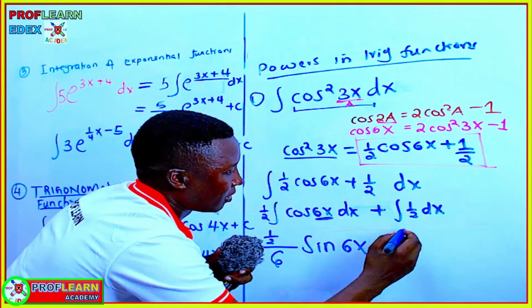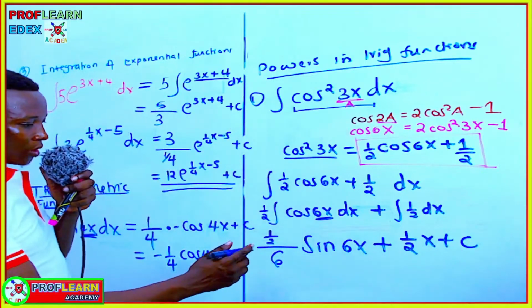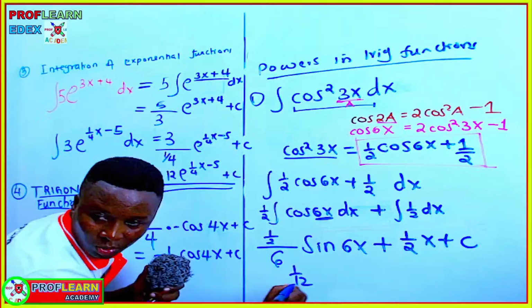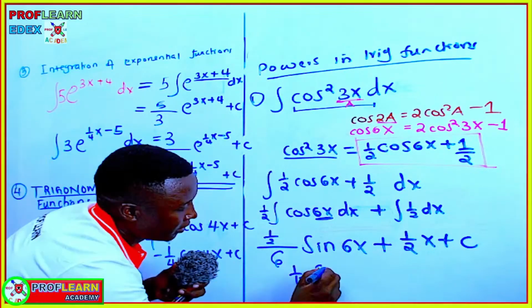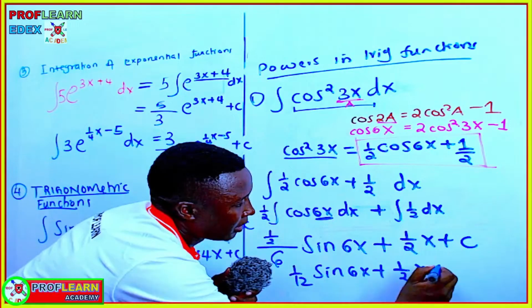Integrating this, we're going to get 1 over 2x, then plus c. So if we simplify this, we are going to get our answer sine 6x over 12 plus 1 over 2x plus c.